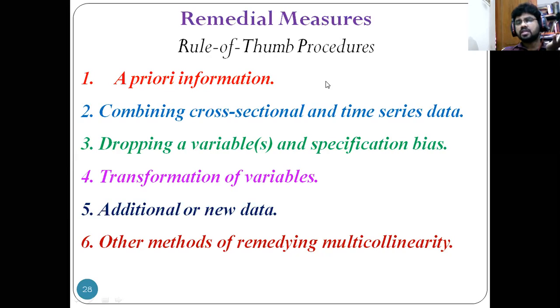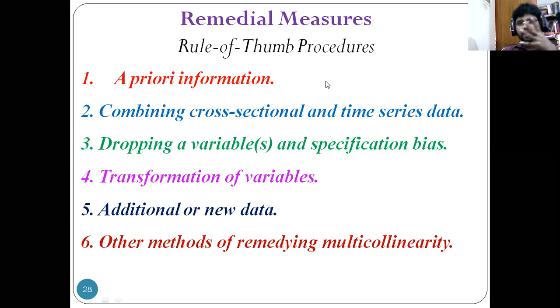So cross section is nothing but, when you collect information at a particular time period, that is called cross section. We can say simple surveys. At a point of time, if you collect data from the respondent, that is called cross section data. For example, I want to know what your opinion is on my class.